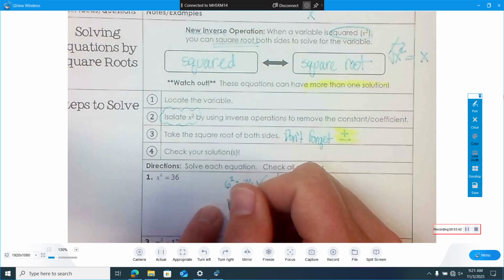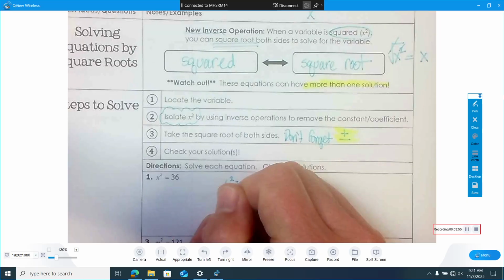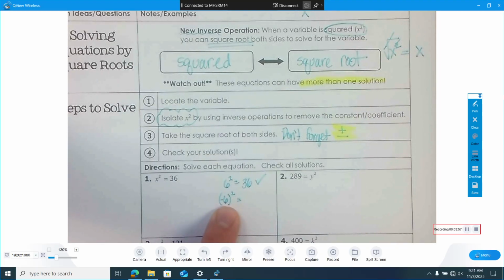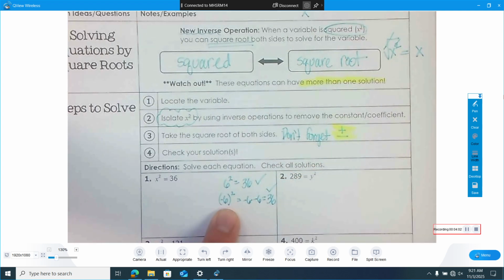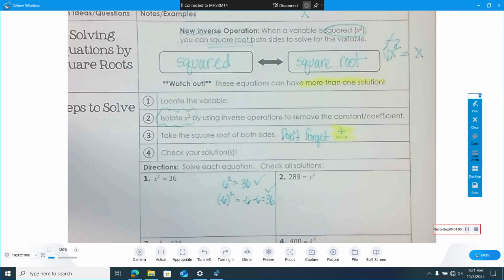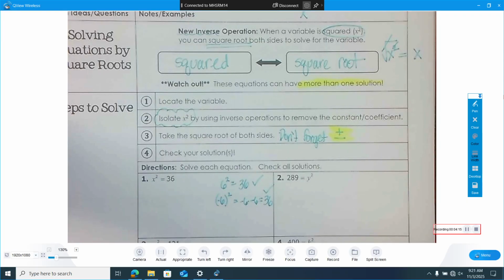There's another number that if you square it is also going to give you 36. -6. Yeah, -6 quantity squared. That would be -6 times -6, which also gives me a positive 36. So when we have something being squared, there are going to be 2 answers. That's exactly what the power tells us, that there's potentially 2 values that work for x.